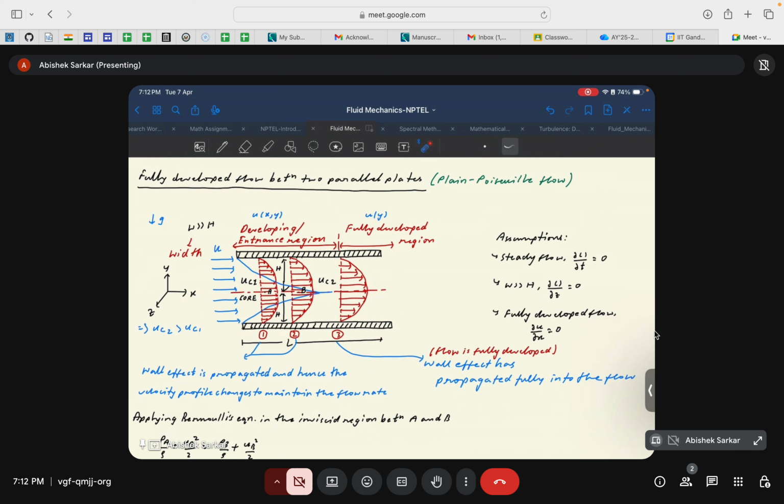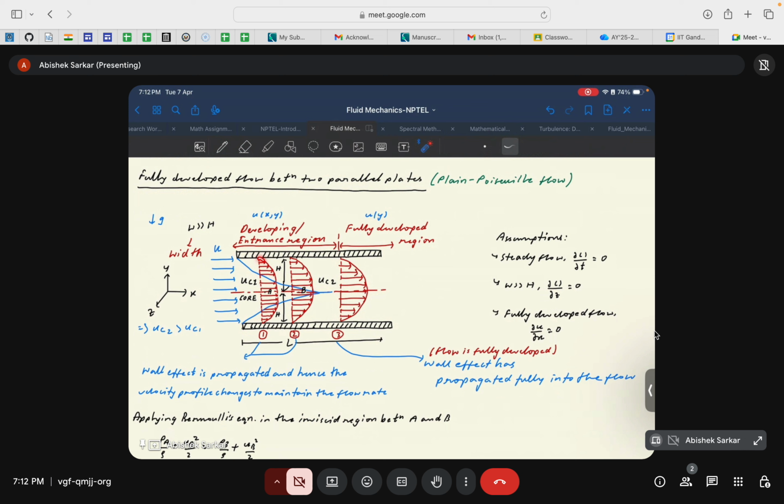Okay, so even in the developing region or the entrance region, we can approximately draw the velocity profile. Let us see how it is drawn. Starting from the upper surface of the plate, velocity would be 0 because of the no-slip boundary condition, that the tangential velocity component is equal to 0.